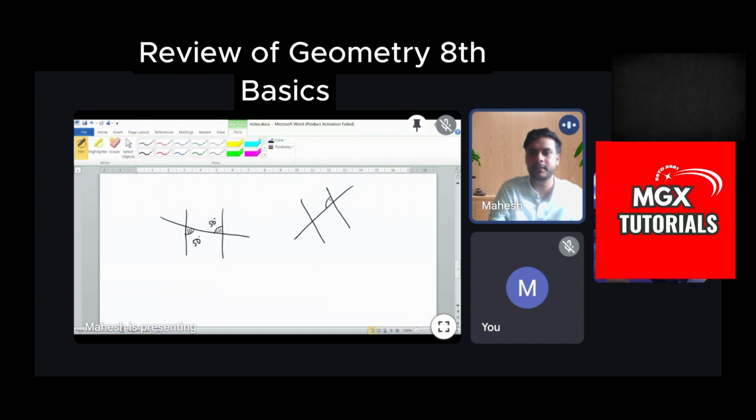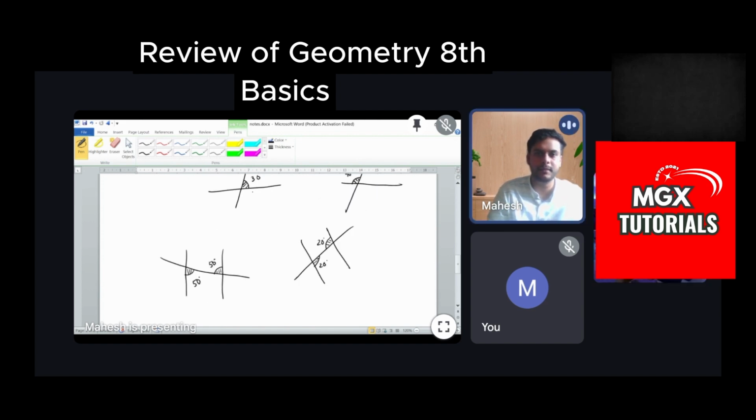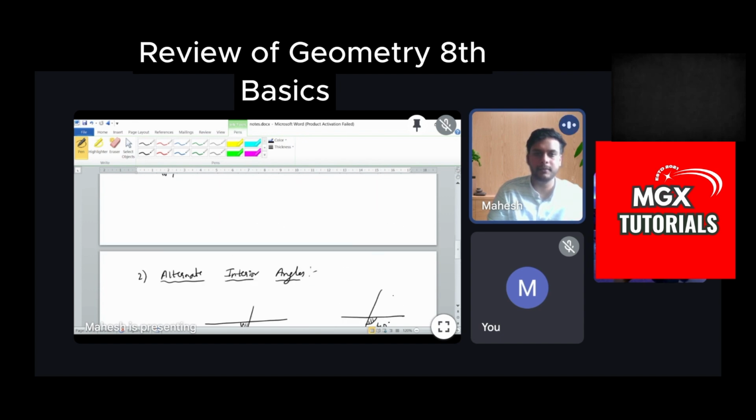If I make it here, 20 degrees, 20 degrees. Can you see? Don't think they are 90 degrees. They might be 90 degrees, but now they are not. Any doubts? Easy to identify.